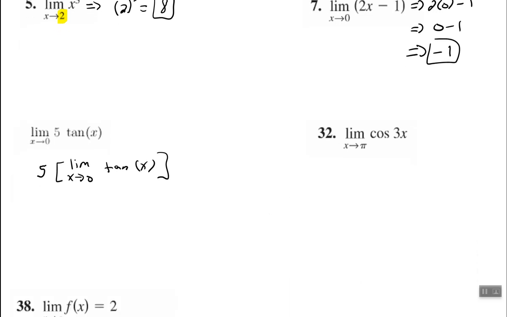To simplify that, we have 5 times tangent of 0, and tan of 0 is 0. So 5 times 0 equals 0. So the limit of 5 times tangent of x as x approaches 0 is 0.